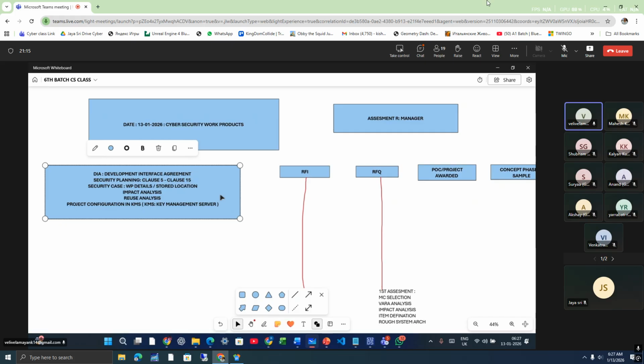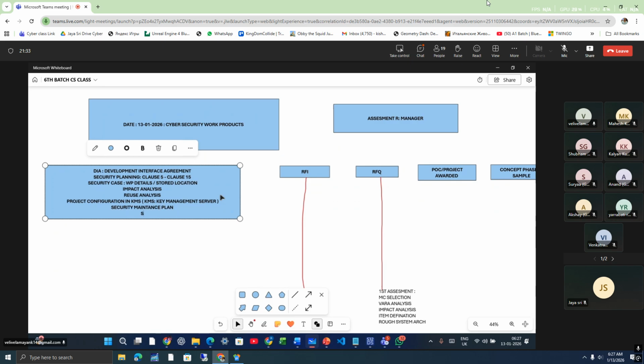Then DIA, security planning, security case, impact analysis, reuse analysis, project configuration and security maintenance plan. Security maintenance concept.